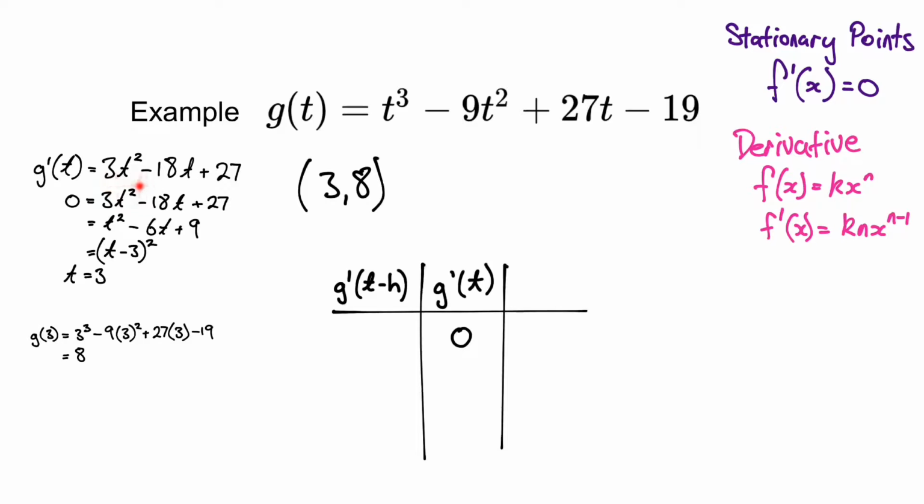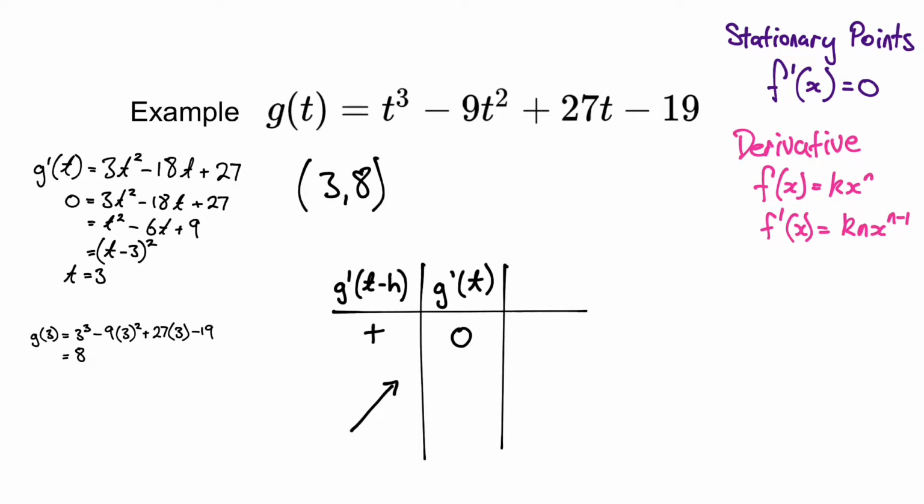Looking at our derivative up here, we've got a 3t squared, a minus 18t, and a plus 27. So if we choose when t is equal to 0, our first term and our second term are not going to be there anymore, and we're only going to have our last term. So it's going to be a positive value, which means our graph is going to go up.